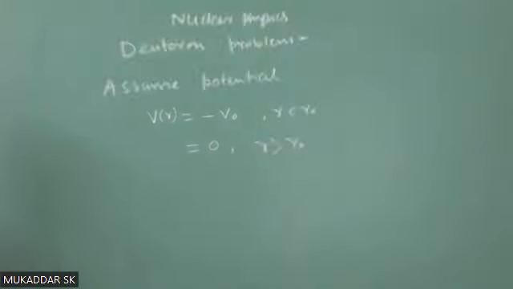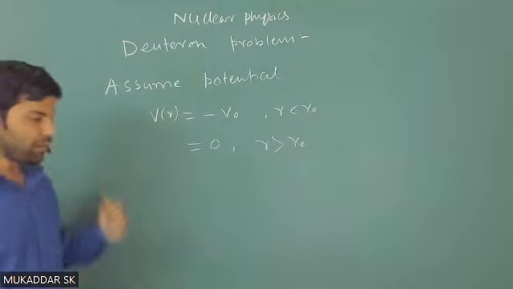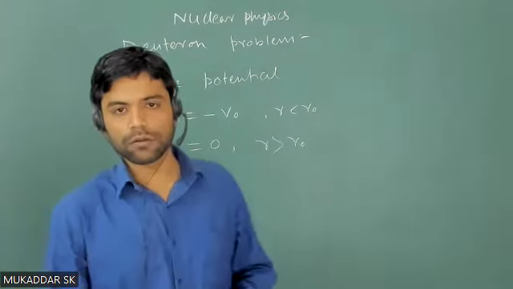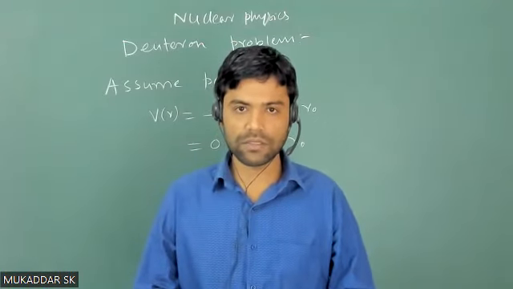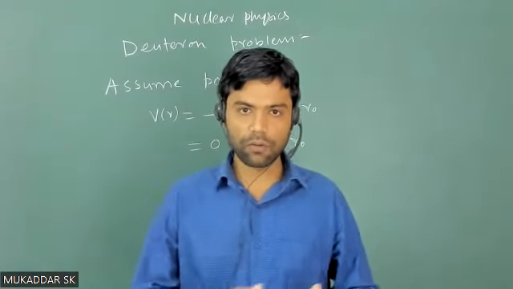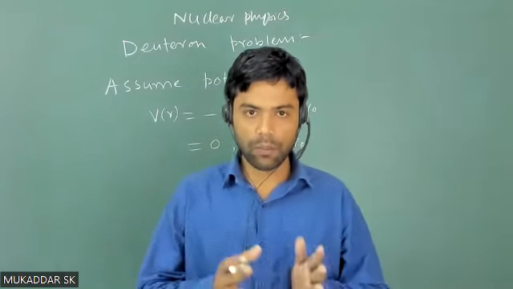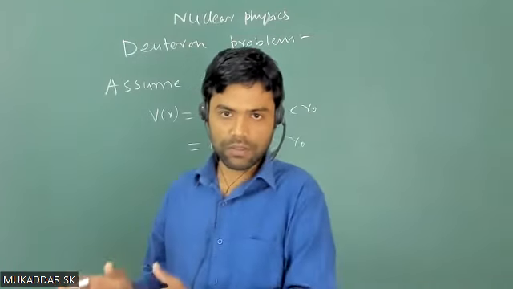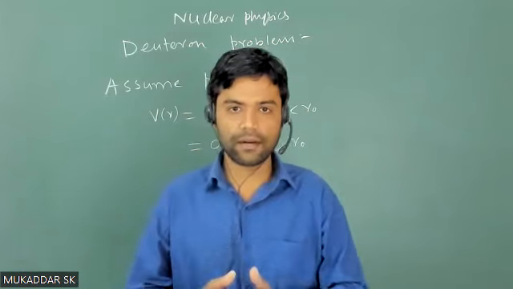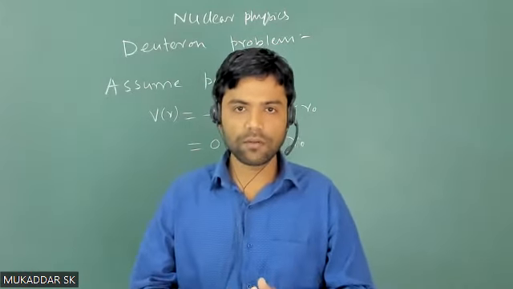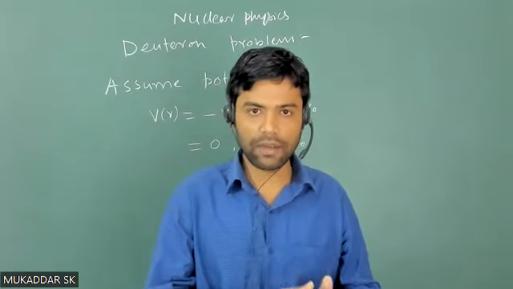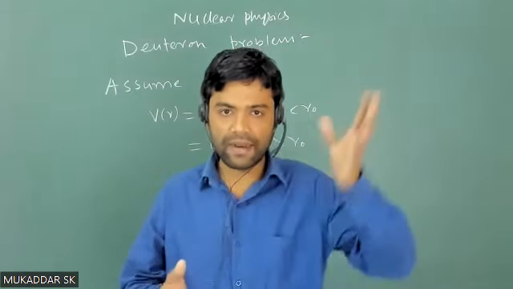Why I am taking a simplified potential, you should understand. Whenever you are going to do research, you have to build a model to solve the Schrodinger wave equation to get energy eigenvalues and other parameters. So your potential, or whatever parameter you are taking, should be simplified to handle the whole model.